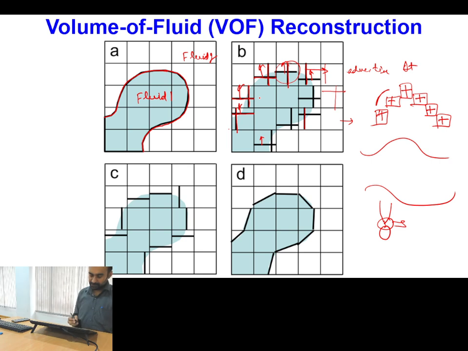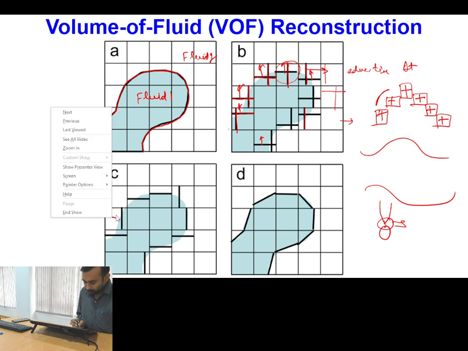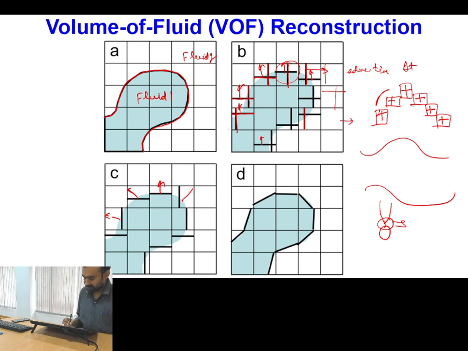For that purpose, first the normal to the interface was calculated in each computational cell. After deciding the normal to the interface, the horizontal or vertical line was selected in such a way that the normal to the line is oriented close to the direction of the normal. Is this one clear?